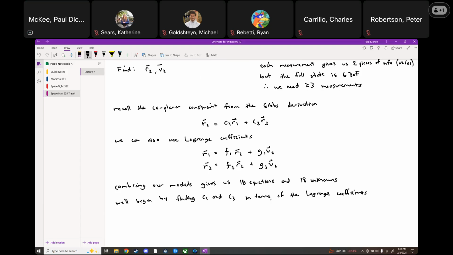So we're just combining these equations together, if that makes sense. And if we do that, we get C1 is equal to G3 over F1 G3 minus F3 G1, and we also get C3 is negative G1 over F1 G3 minus F3 G1.